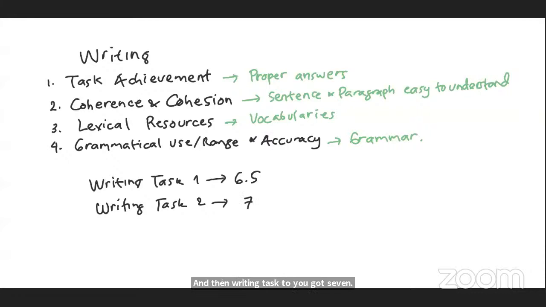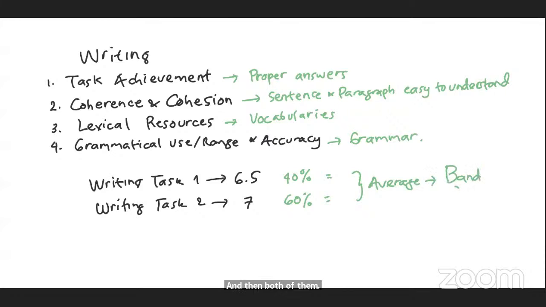So they have different portions because they have different amounts of words to write, right? So this one has 40%, this one has 60%, and then you take the average, and then you will get the writing band score.